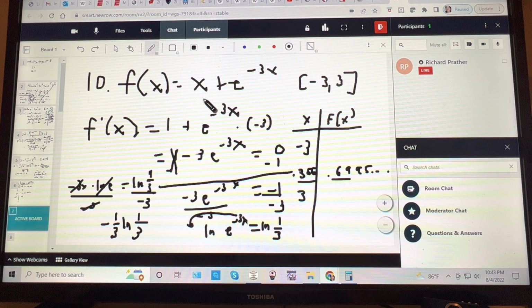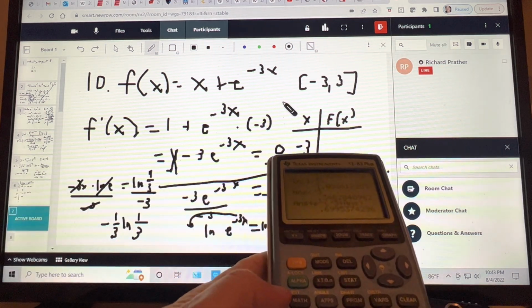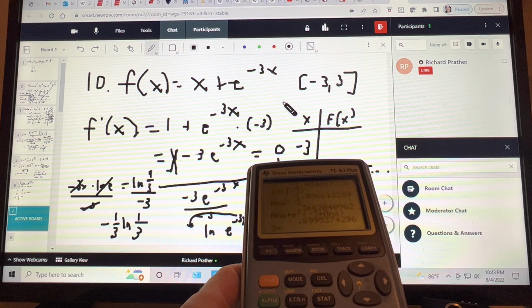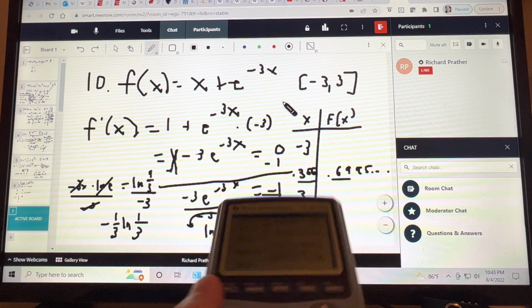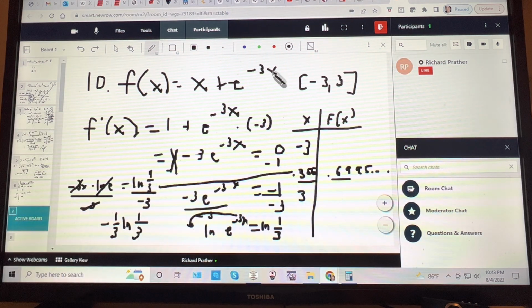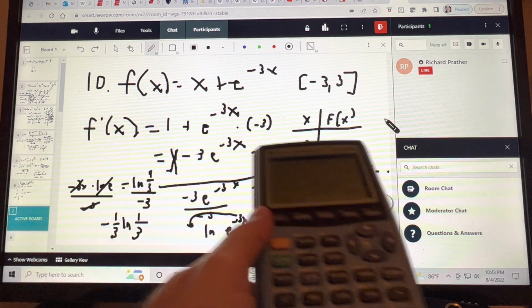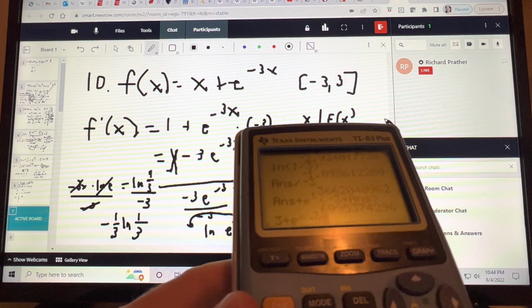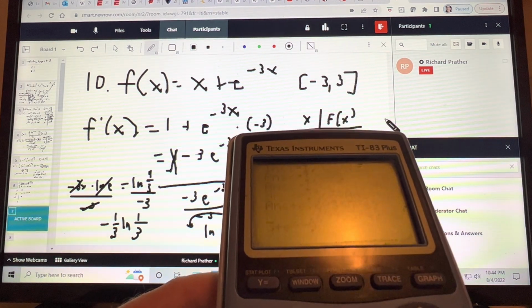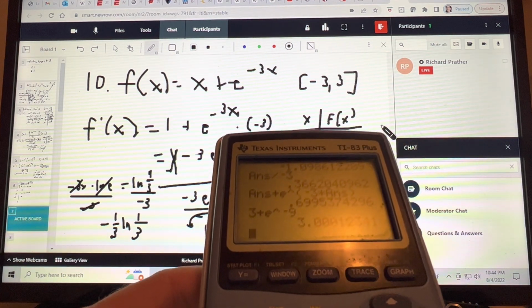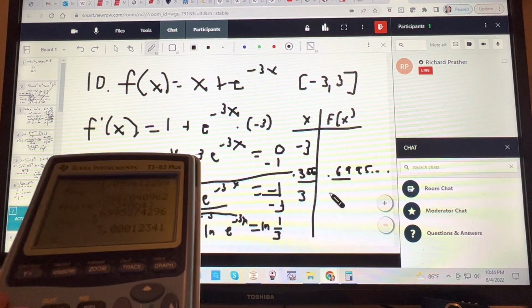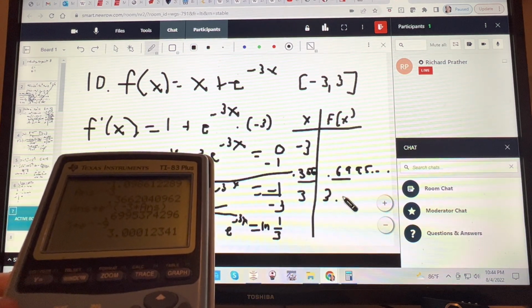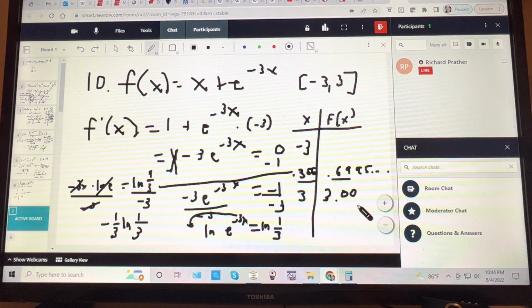So you would get 3 plus e raised to, if I just do it in my head, 3 times 3 is 9, so the -9, that way I don't have to put parentheses around it. 3 plus e to the -9 is 3.00012, but approximately 3.00. So already this one's higher than that one.